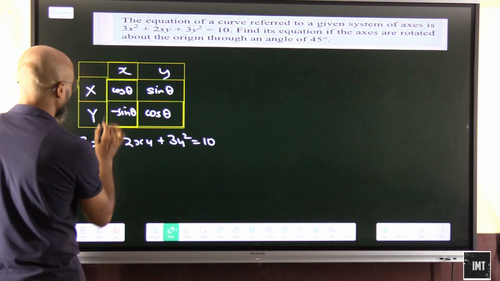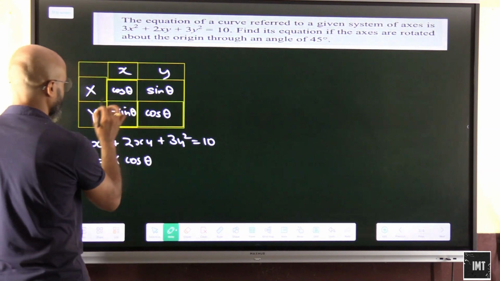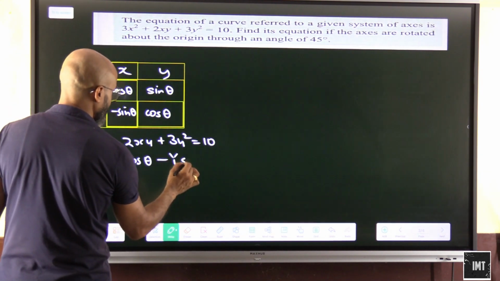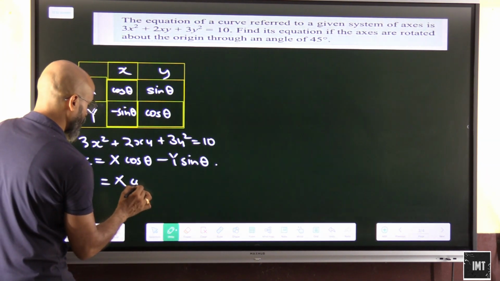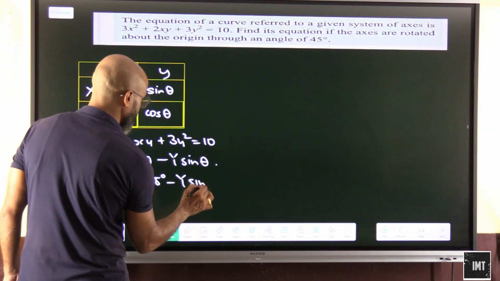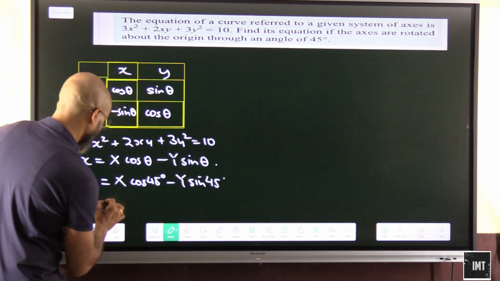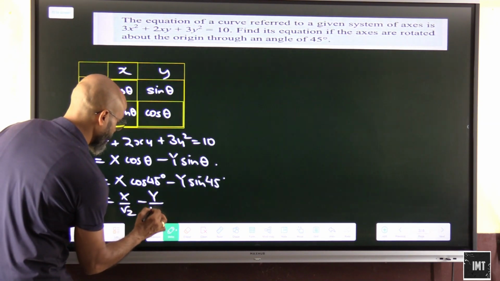x is equal to capital X cos theta minus capital Y sin theta. So this is going to be how much? X cos 45 degrees minus y sin 45 degrees, that will be x by under root 2 minus y by under root 2.